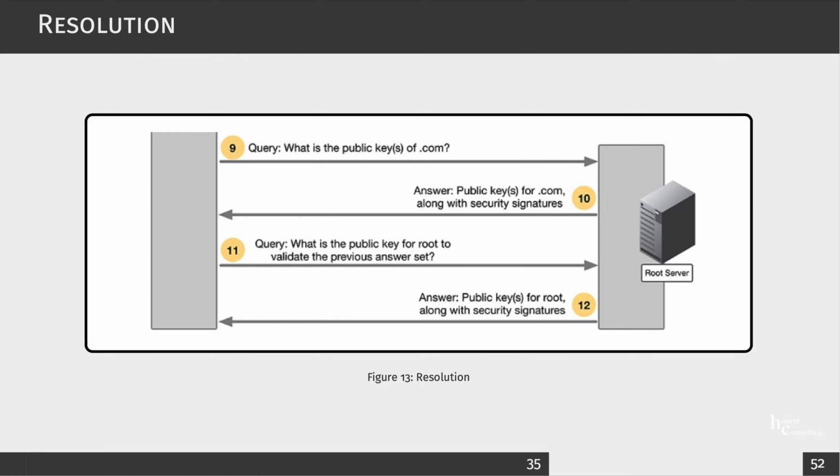So it will use the information in its cache, information that has been validated earlier, and because of the TTL it can assume that this information is still valid, so it's not going up the tree to the root for every single query, just for the ones that it has to do.